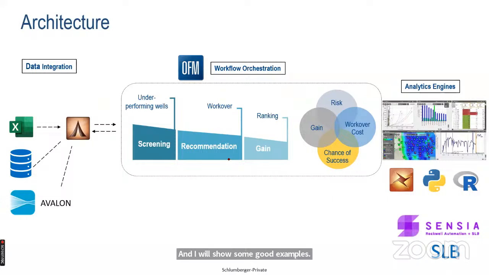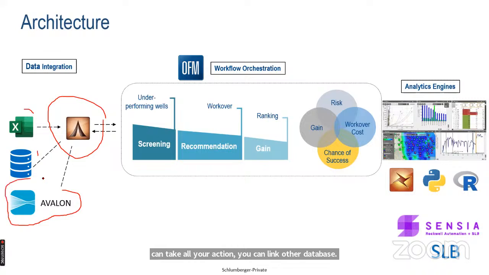So this is the structure that we usually give to our clients. We have a database or a data integration. Opposite is our standard tool for data management, for production data management. You can link all your Excel sheets. You can link other databases. And this Avalon is our SCADA-like system, real-time data.